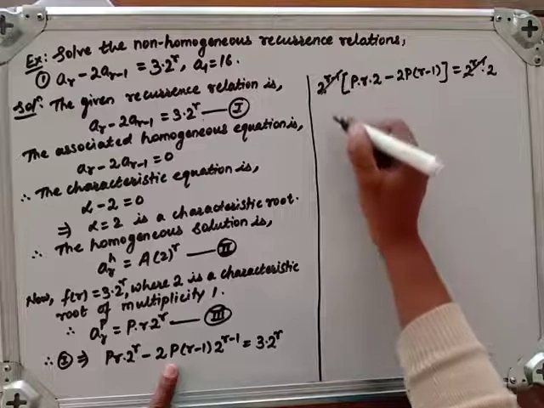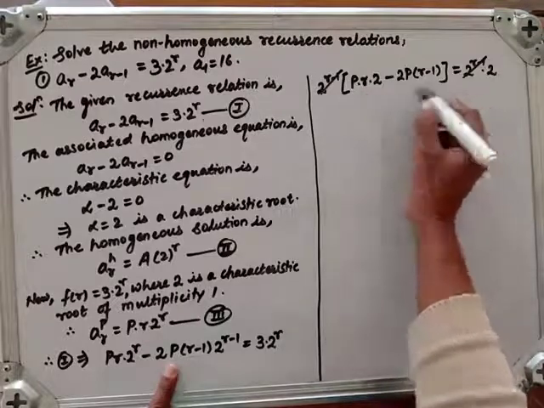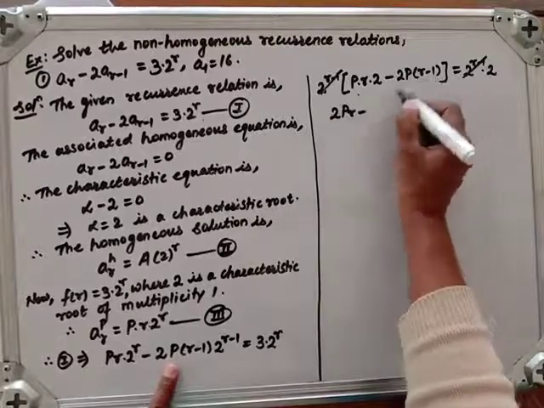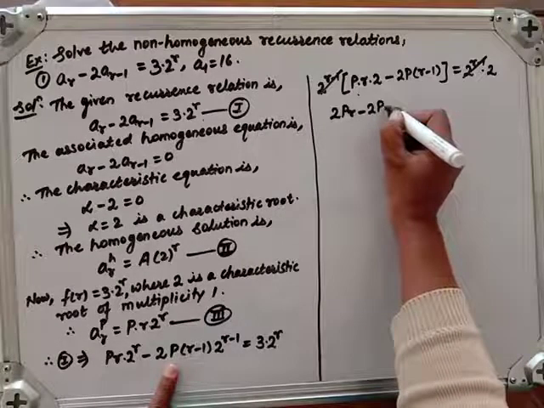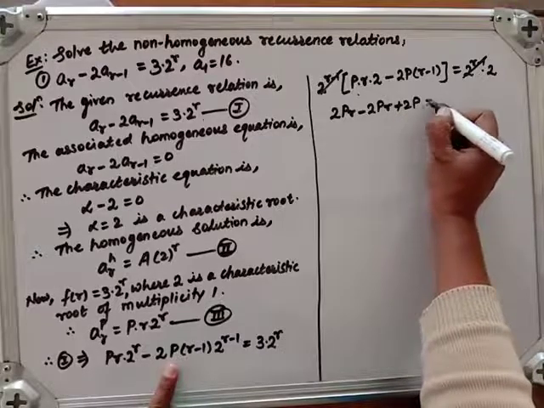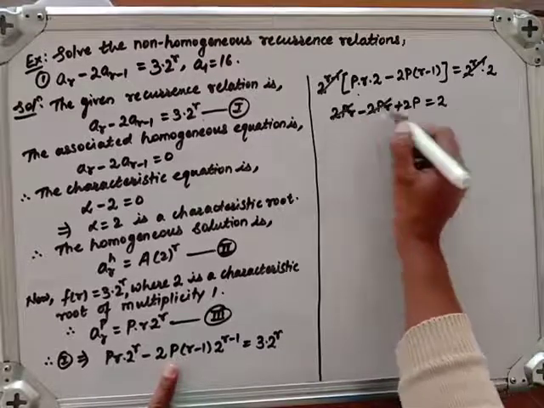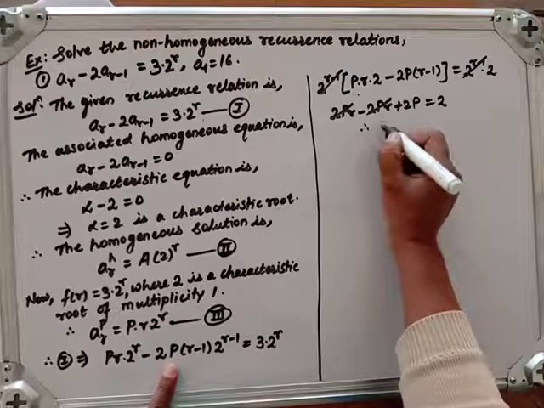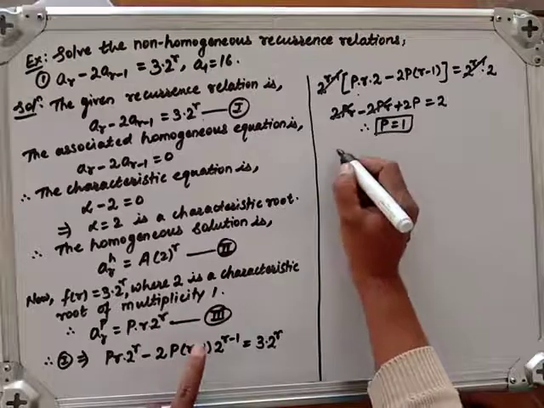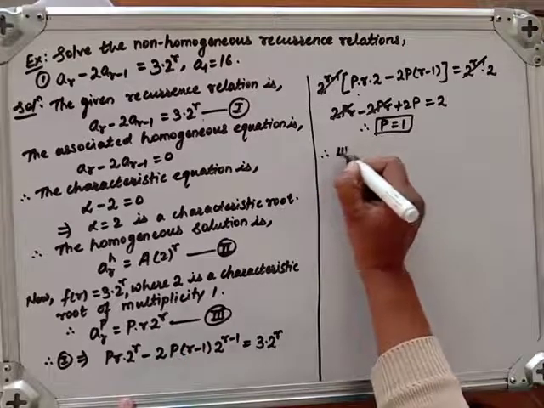So these get cancelled. Now this one we write as 2Pr minus, opening the bracket, 2Pr plus 2P is equal to 2. These get cancelled. 2P is equal to 2. Therefore, P is equal to 1.